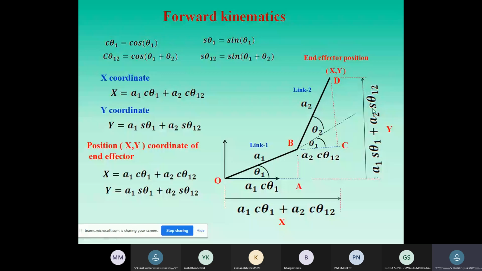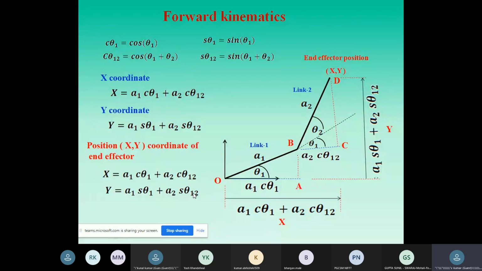Similarly, the y coordinate will be the y component, a function of sin. It is A1 sin theta 1 plus A2 sin theta 1 plus theta 2. So x is equal to A1 cos theta 1 plus A2 cos theta 1 plus theta 2, and y is equal to A1 sin theta 1 plus A2 sin theta 1 plus theta 2. We have calculated x and y. Suppose theta 1 is given as 30 degrees, A1 is 1 meter, A2 is 2 meters, and theta 2 is 15 or 16 degrees, then we will find x and y.